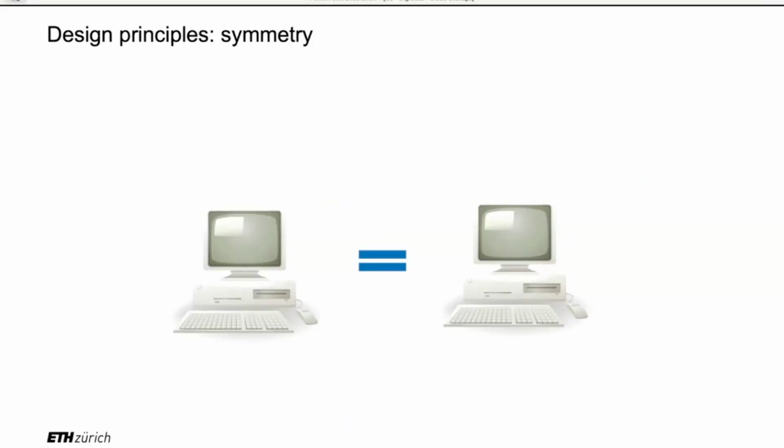Another principle is symmetry. Symmetry means that you don't have a centralized architecture with one computer that has a different set of responsibilities than the rest, at least when you start. So it's like a democracy. Everybody's there, all the computers are there. They might elect leaders or elect some computers to do some things, but at the very start, all the computers are equal.